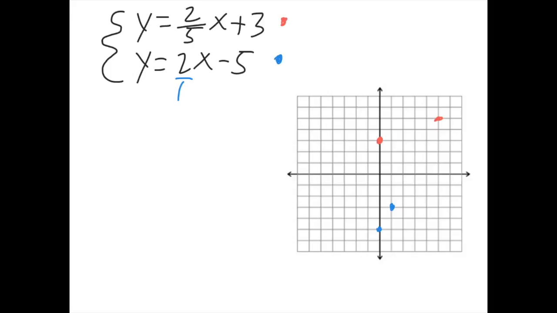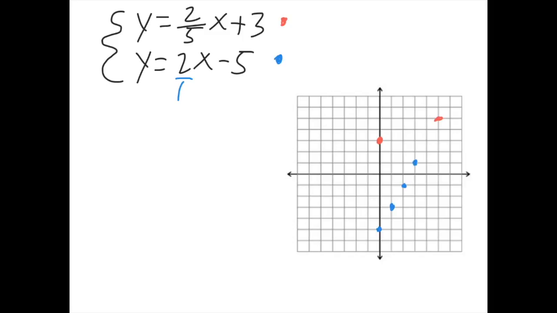Remember, the slope of this line is 2 over 1. So from this point we want to go up 2 over 1, and we plot a point there. Then from that point, up 2 over 1, plot a point.